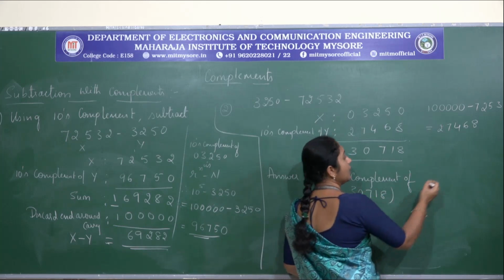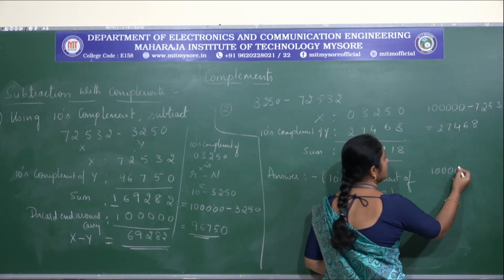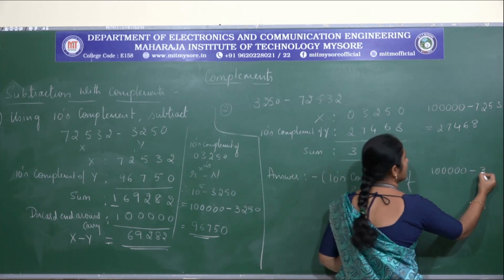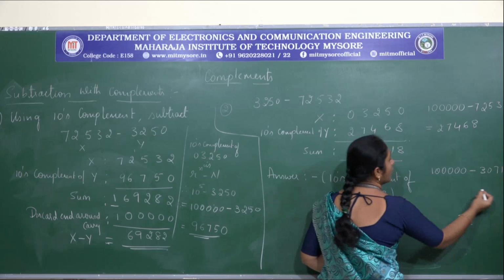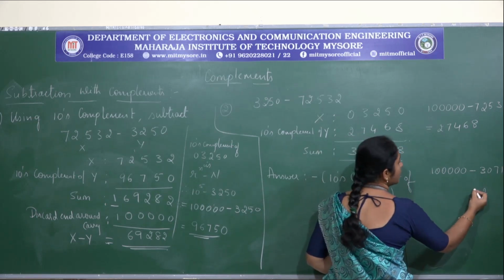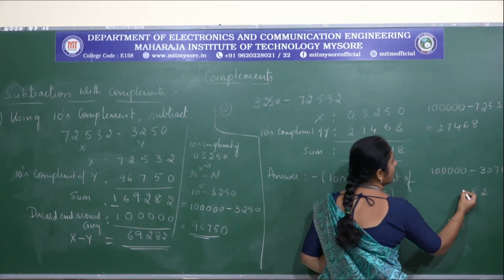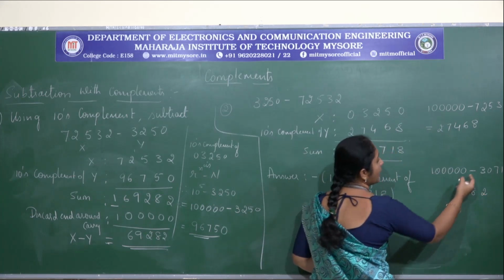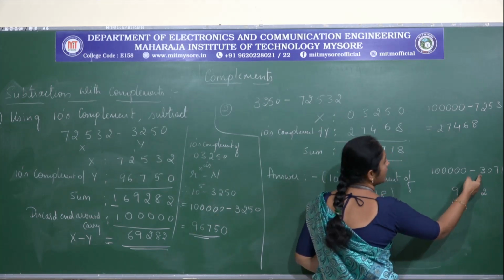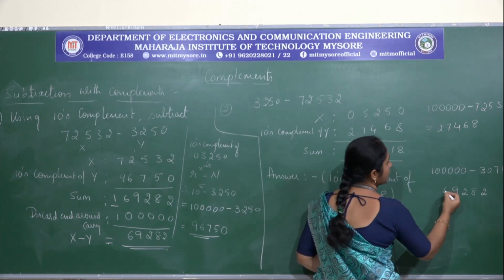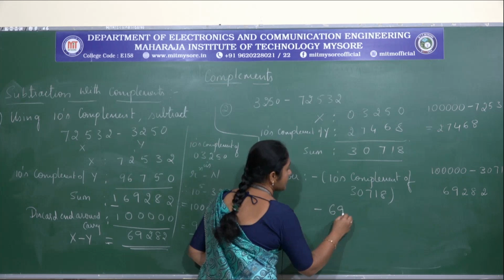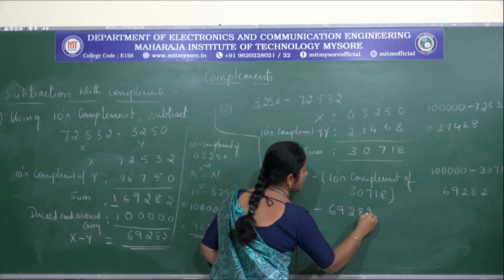We have 5 digits here, so let us consider 10 power 5 minus 30,718. 2, next 9 minus 1, 8, next 2, next 9 minus 0, 9, next 9 minus 3, 6. So the answer is minus 69,282.